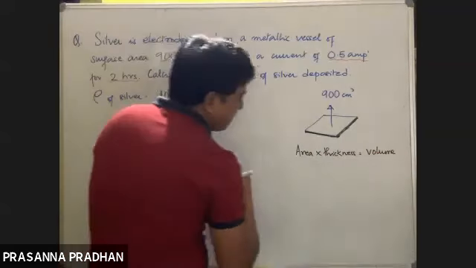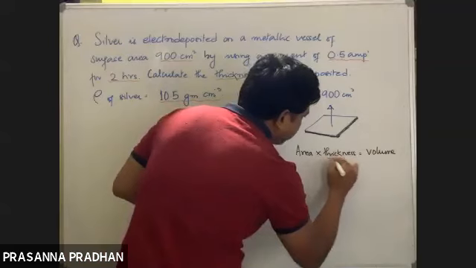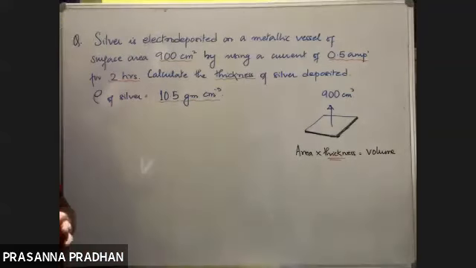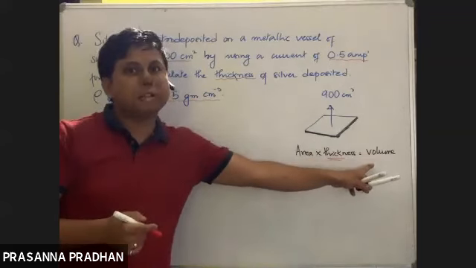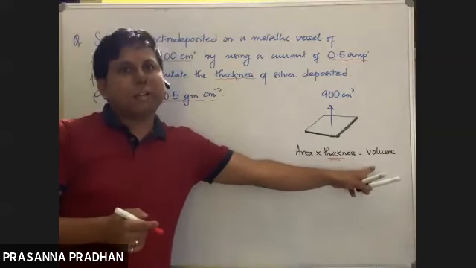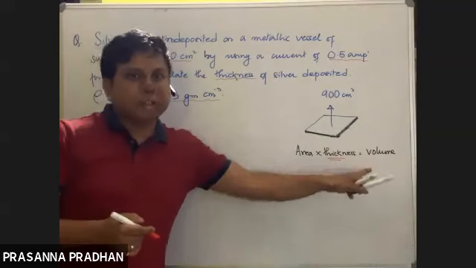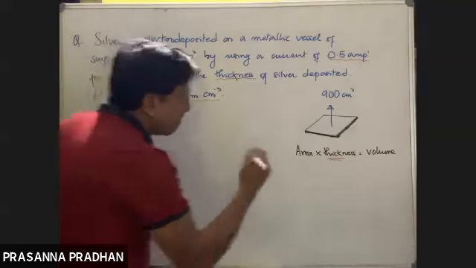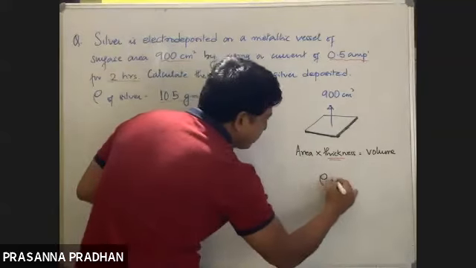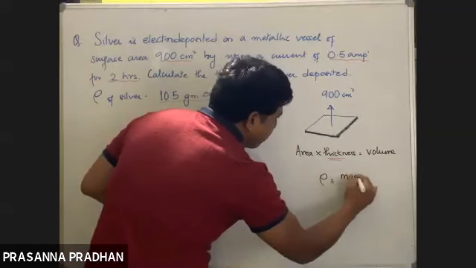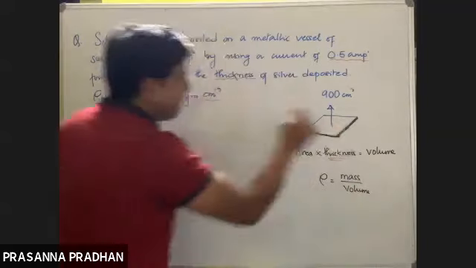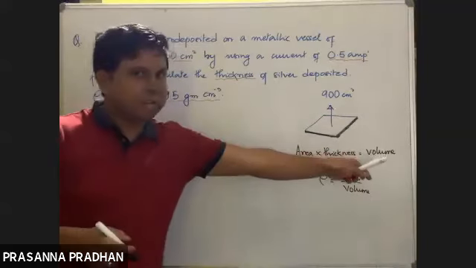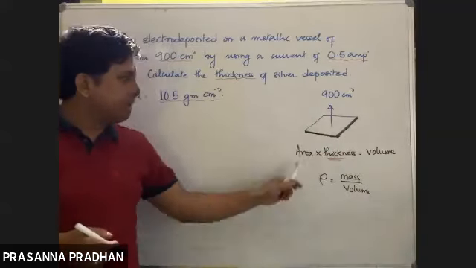In order to find out this thickness, what do we require to find out? Volume. And what is the formula of density? Density is equal to mass by volume, since density is given. Got it? If I find out the volume of silver deposited, then I'll easily get the thickness.